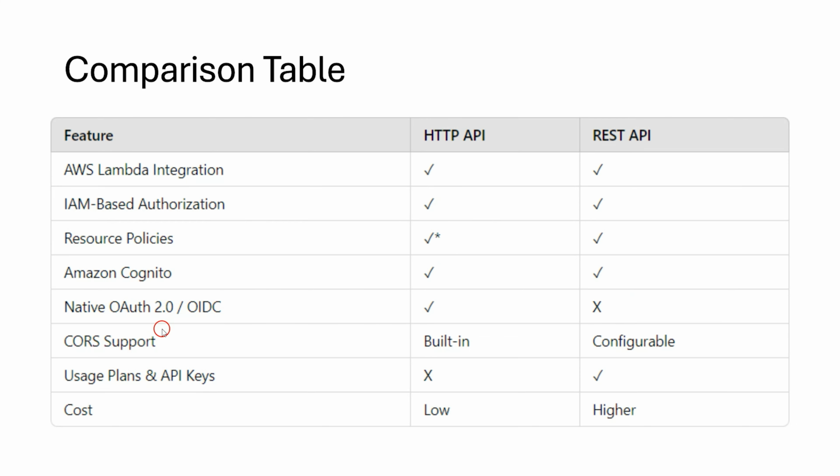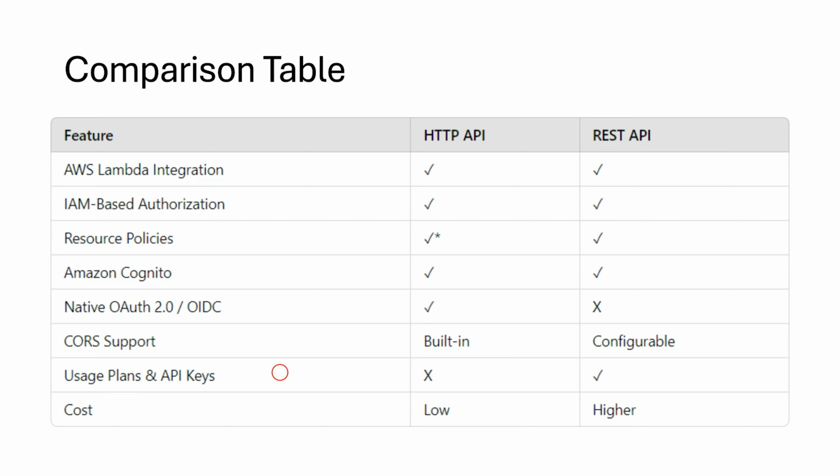So if you want native OAuth 2.0 or OpenID Connect, you can go to HTTP API. And CORS support is built-in in HTTP, but if you want that in REST API, you can achieve it through configuration.